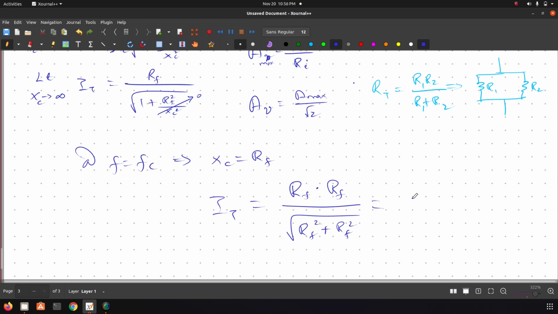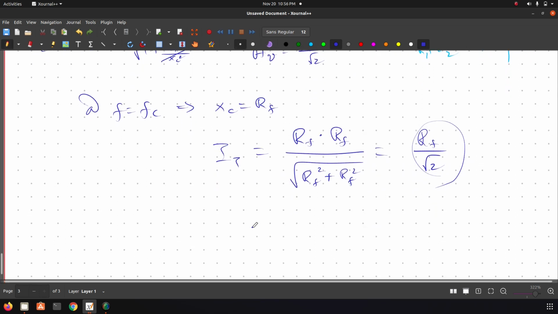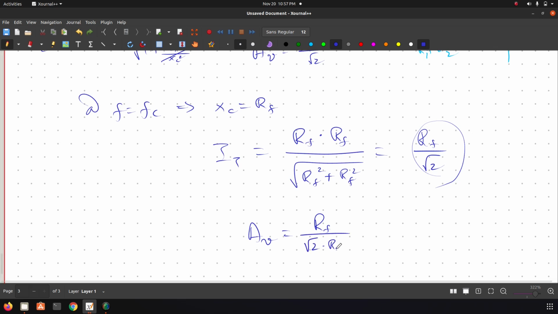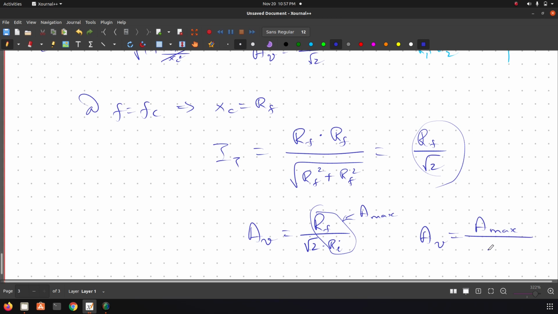Therefore we have RF by root 2. So what's the gain now? It's RF by root 2 times Ri, and this is nothing but our A max by root 2. That's why at critical frequency the gain of the op amp is A max by root 2.